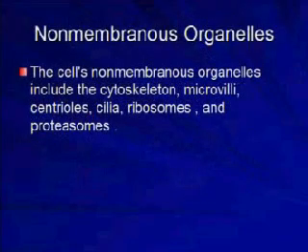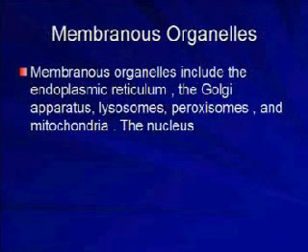Some examples of non-membranous organelles include the cytoskeleton, microvilli, centrioles, cilia, ribosomes, and proteasomes. Now, you must be familiar with the types of non-membranous organelles. Examples of membranous organelles include the endoplasmic reticulum, Golgi apparatus, lysosomes, peroxisomes, and mitochondria, and also the nucleus.